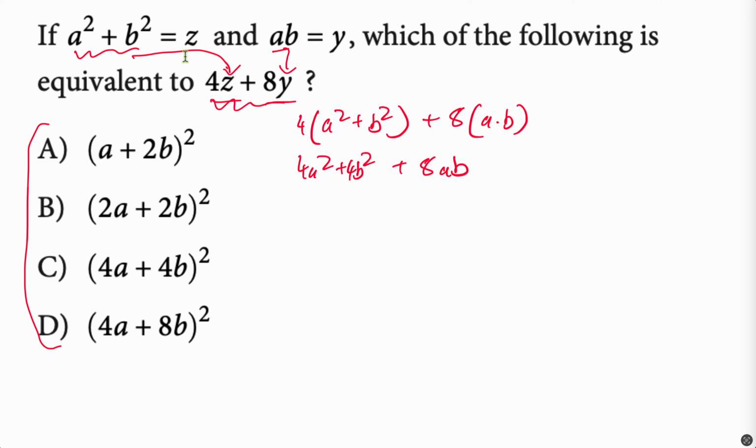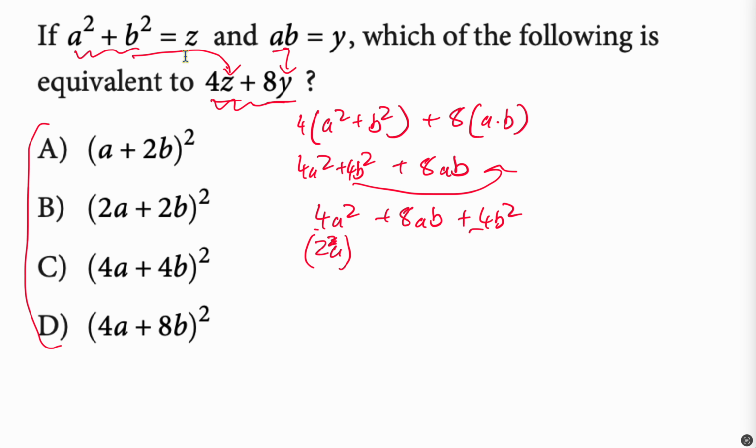Okay, so by looking at this, we can rearrange it a little bit. By moving this guy over here, we're gonna write 4a squared plus 8ab plus 4b squared. Okay, so if you look at the 4 here, instead of the 4, we can write 2 squared, or (2a) squared, right?